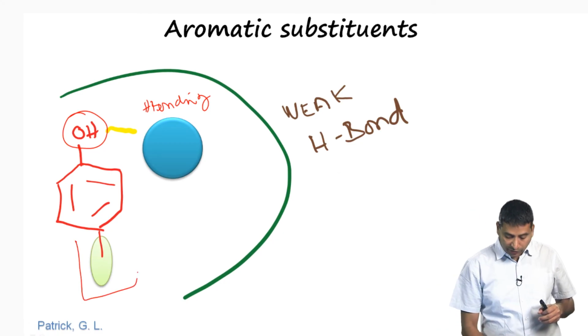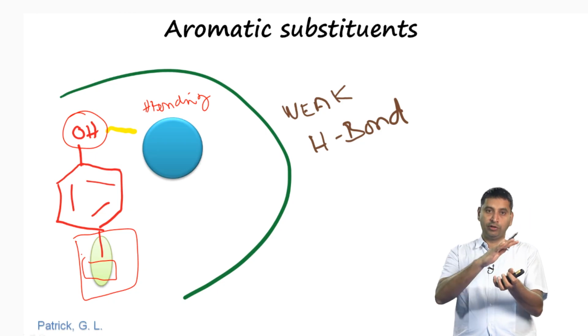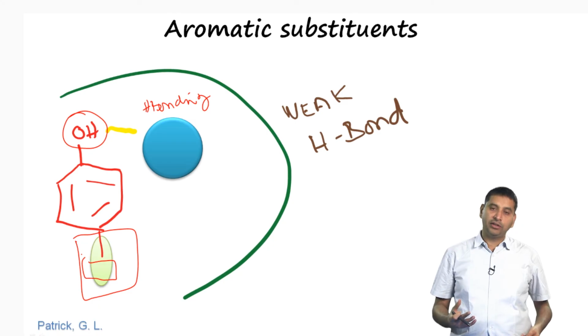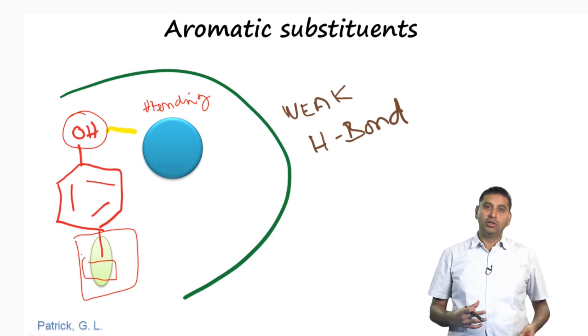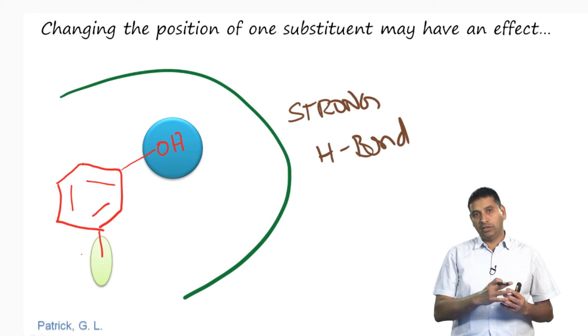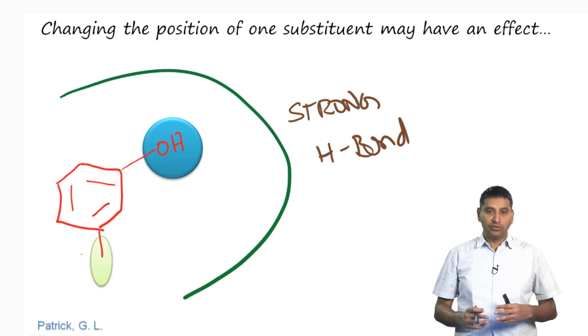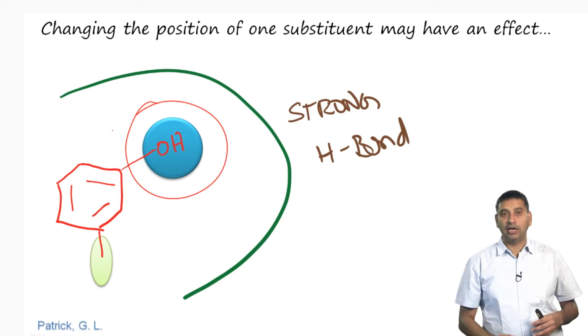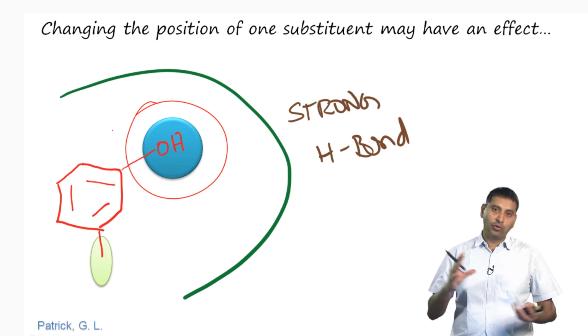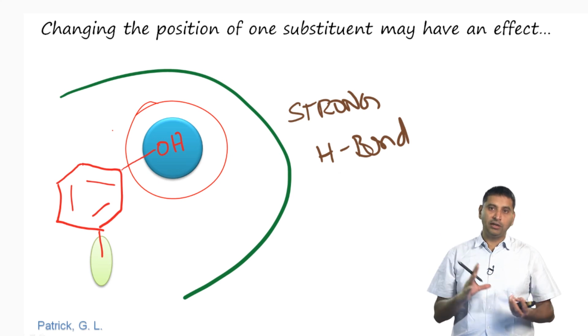Keep in mind that there is another interaction here with the drug molecule which is going to be important, and therefore, we want to keep that interaction intact. Now, when we design the next analog, what we could do is change the substituent to the meta position, right. So, here the access to the hydrogen bonding functional group is going to be stronger, and therefore it is possible that this molecule is going to bind much better.